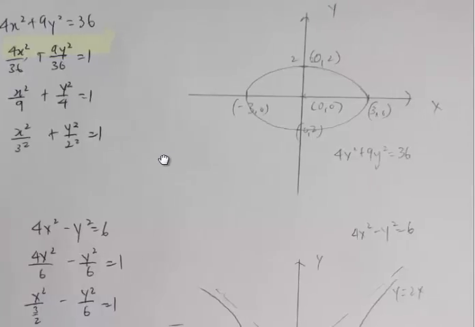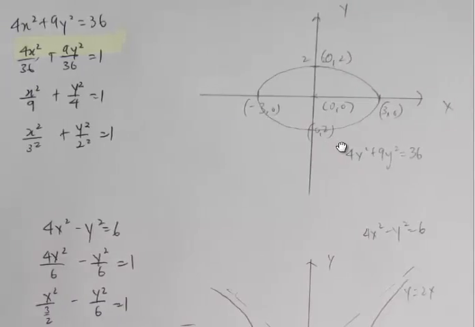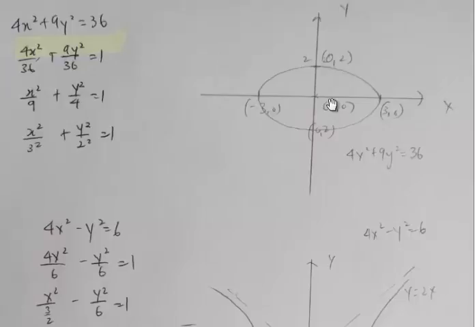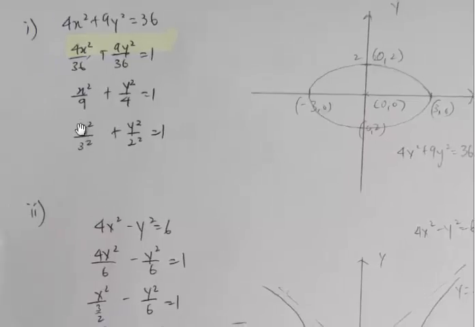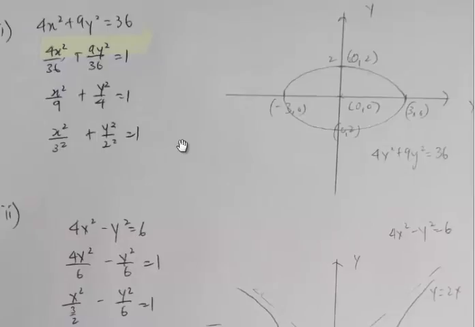So firstly, to sketch the graph of C1, the center point will be 0, 0 since there are no values in front of x and y. Since there are no values, it's only x plus 0 squared and y plus 0 squared. So the center will be 0, 0.